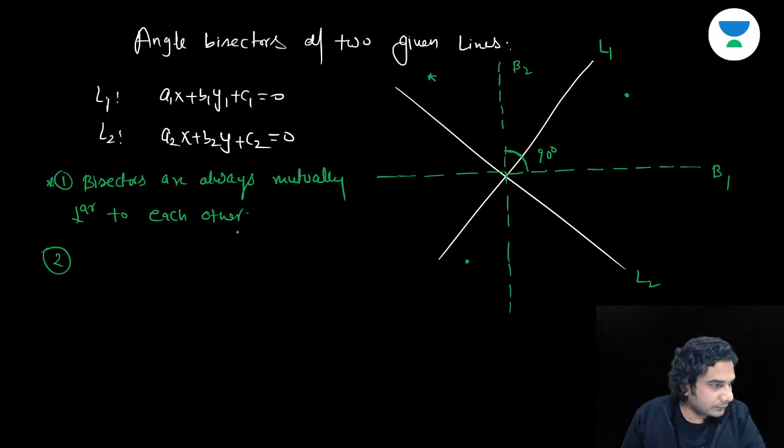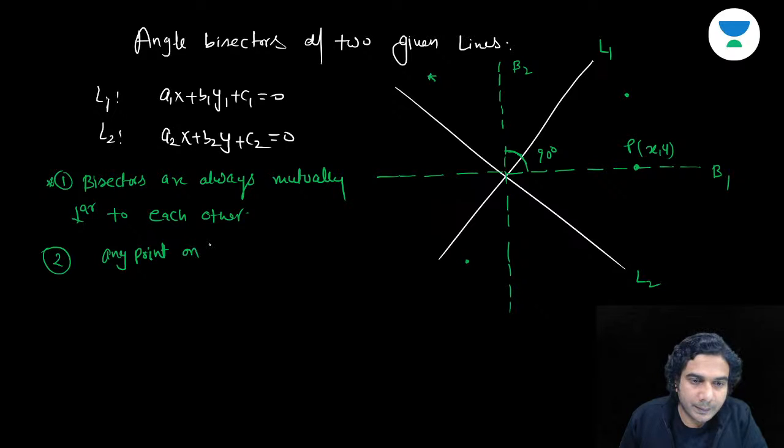All right, so the second important point is that any point on the bisector, so we need to find the locus of a point. Say P is a point. Any point on the bisector is always equidistant from both the lines.